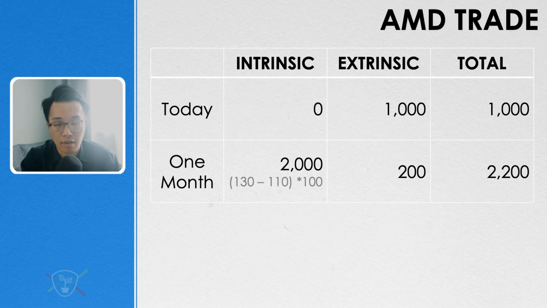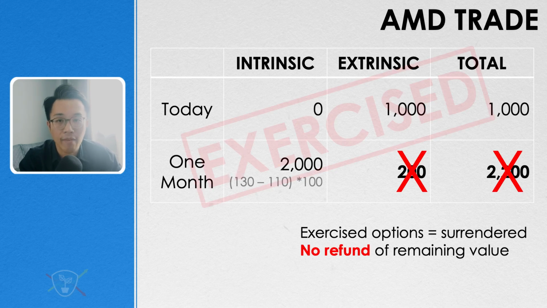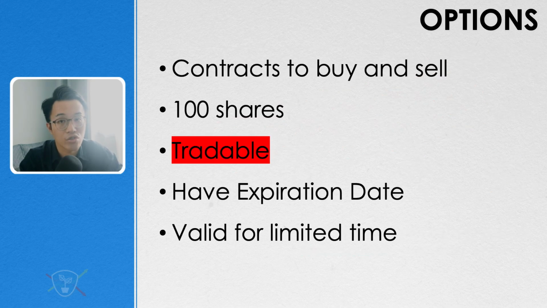When we exercise the call option, it is gone. And what this means is that I have lost whatever extrinsic value is left in the option. Now remember, options are tradable on an exchange and they can be bought and sold at any time.